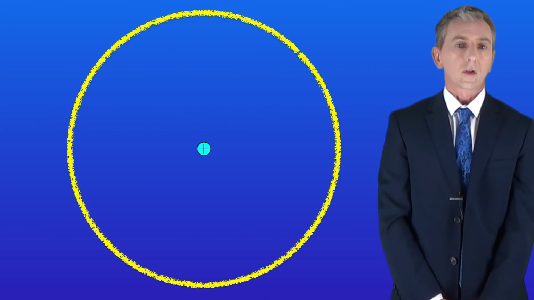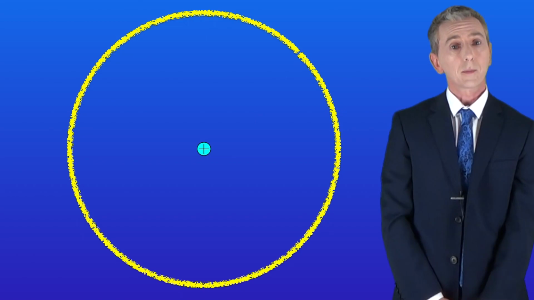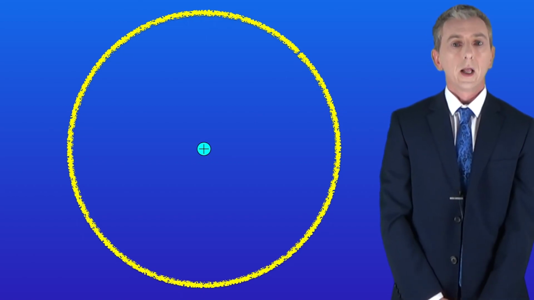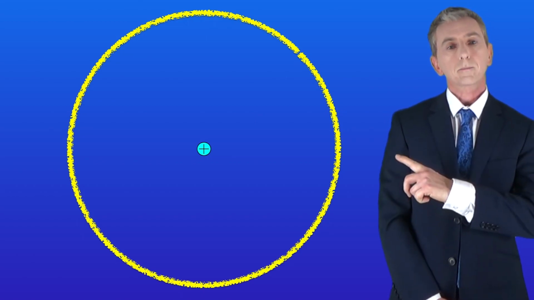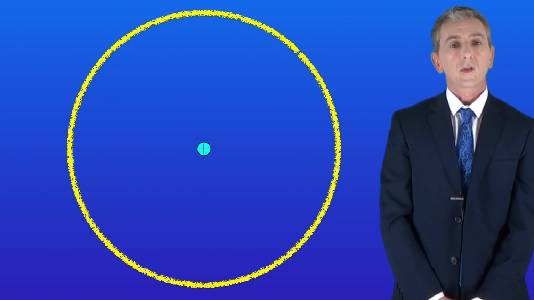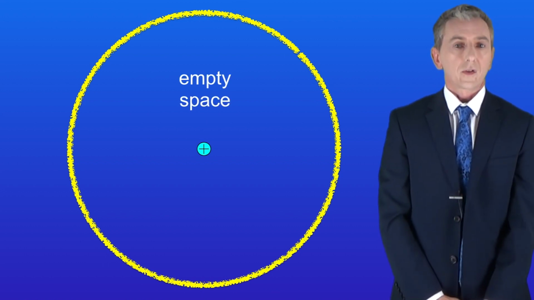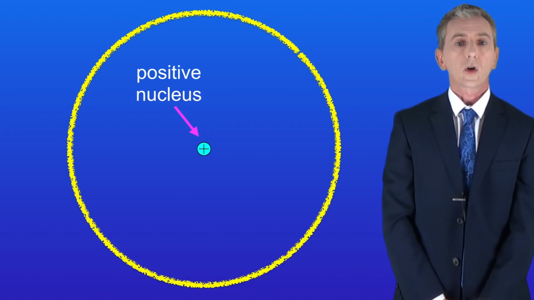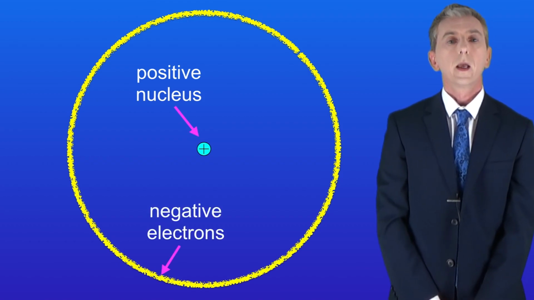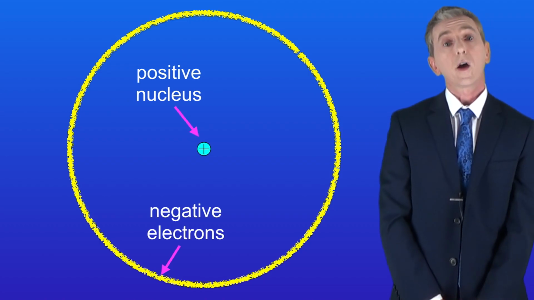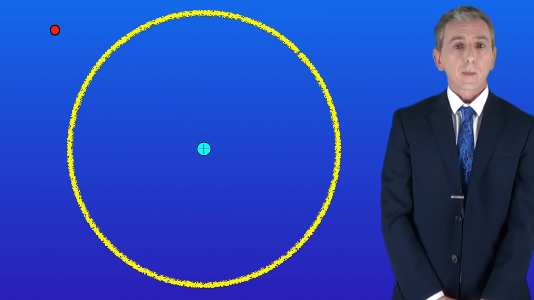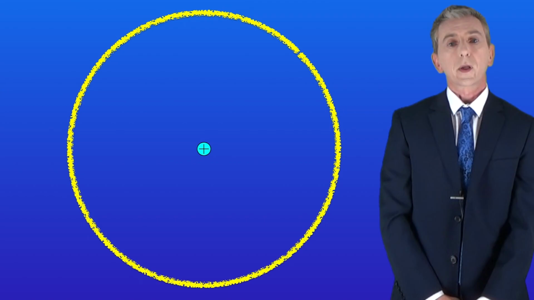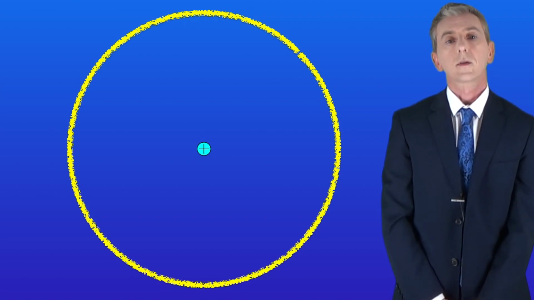So from these results, scientists replaced the Plum-pudding model with the nuclear model, and I'm showing you that here. So most of the atom is simply empty space. In the centre, we've got a tiny positive nucleus, and around the edge, we've got negative electrons. If we go back to the alpha scattering experiment, we can see that most of the alpha particles pass straight through because most of the atom is empty space.